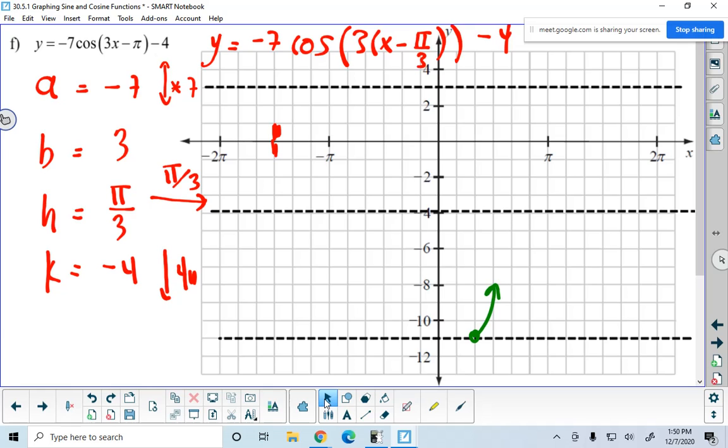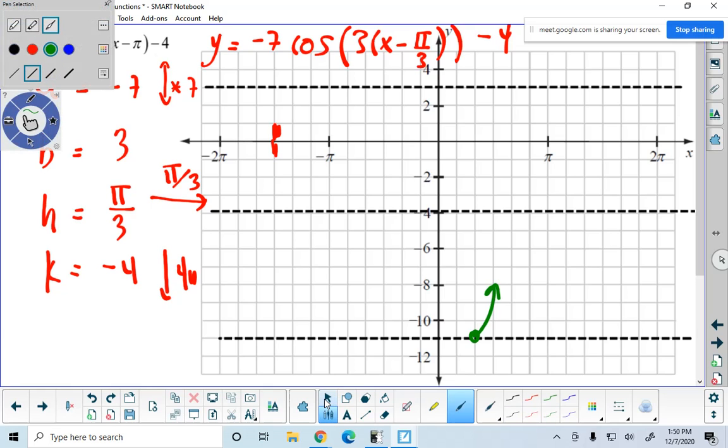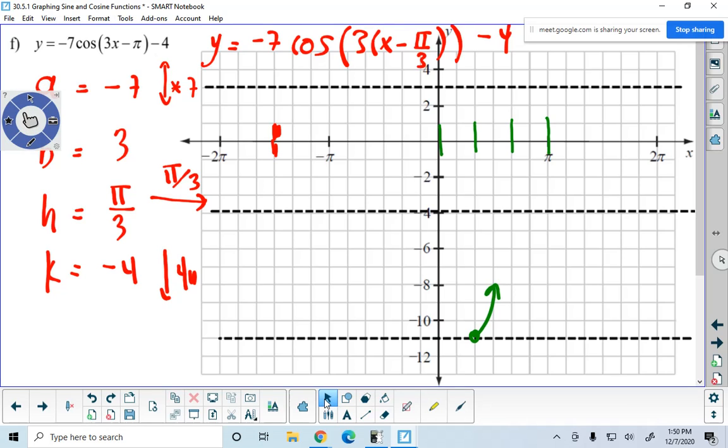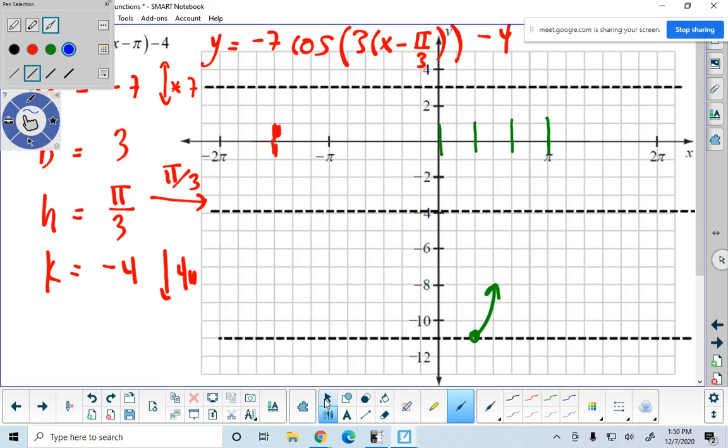Looking on the x-axis, this is 0, pi over 3, 2 pi over 3, pi. So again, following this in sequence, cosine would normally start here and go down. Since A is negative, it's going to start at the bottom going up.